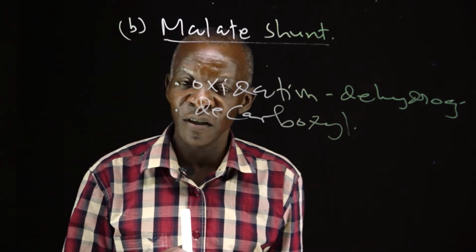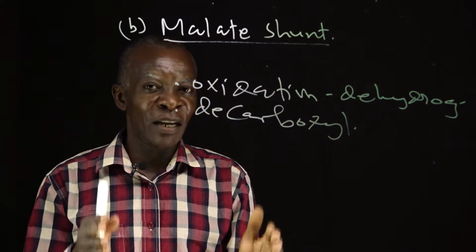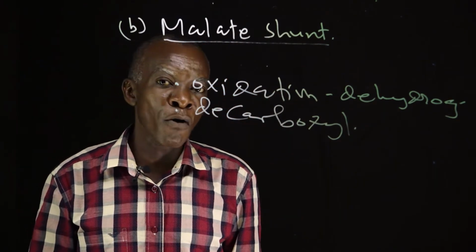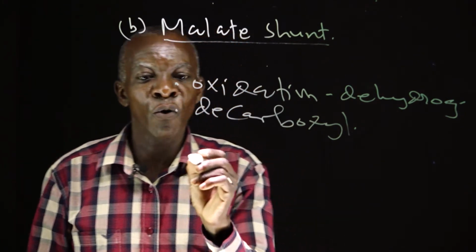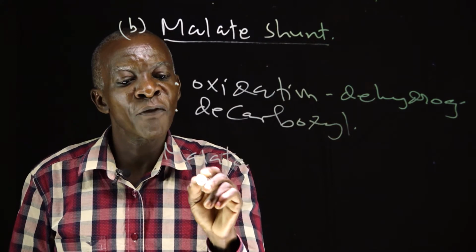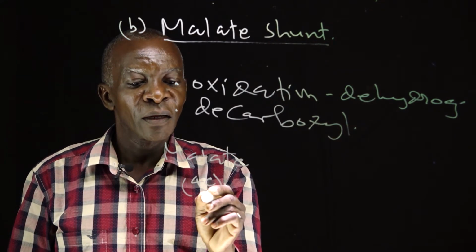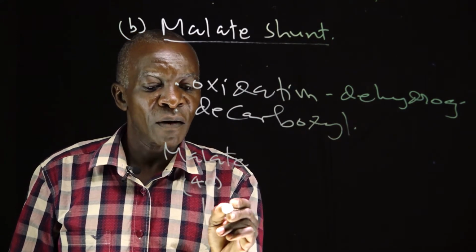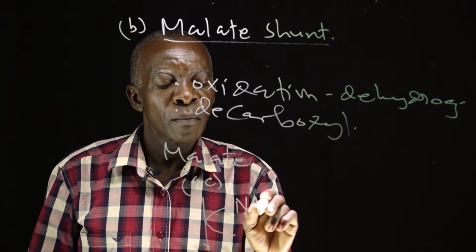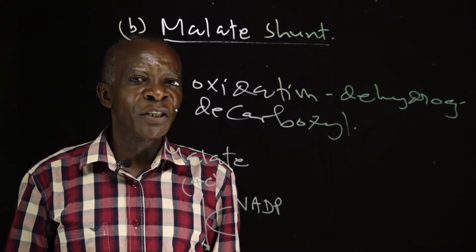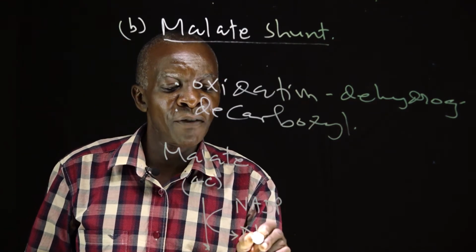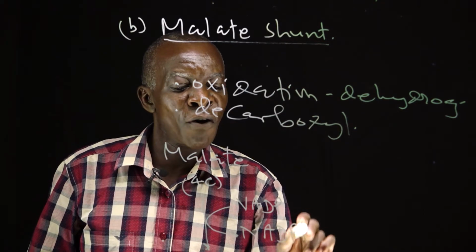In other words, this malic acid is oxidatively decarboxylated to form pyruvic acid. So we have malic acid, a 4-carbon compound. This is oxidized. We have nicotinamide adenine dinucleotide, then we have its reduced form.